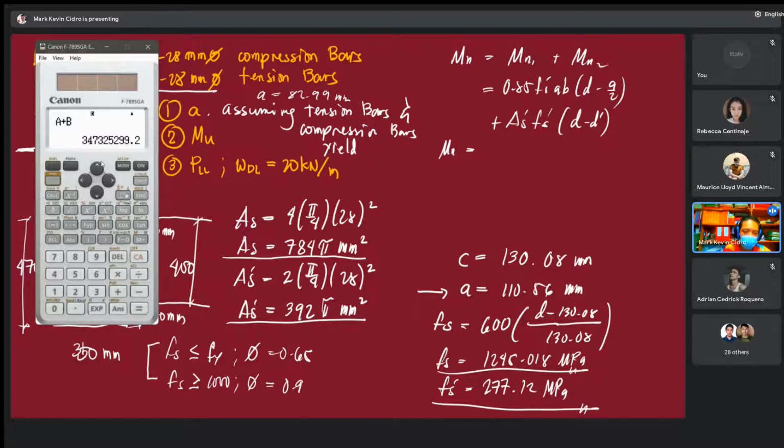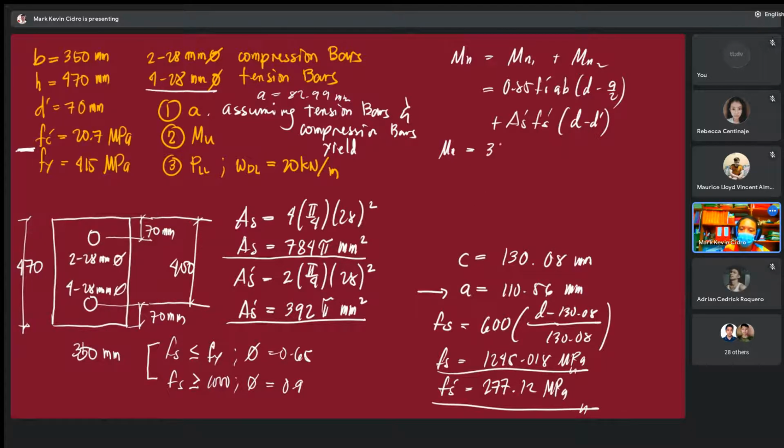Convert ko yan to kilonewton meter. The value, therefore, for Mn is equal to 347.33. This is in kilonewton meter. This is your Mn.